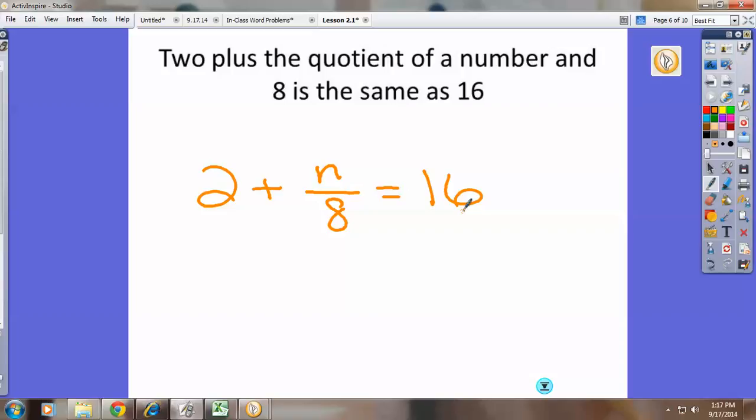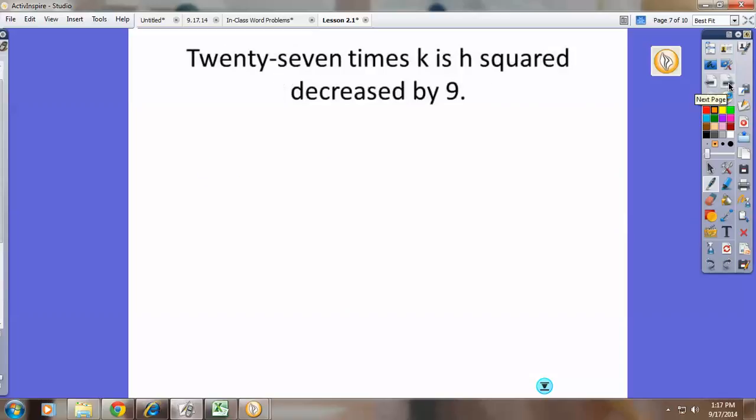Do one more with you. 27 times k is h squared decreased by 9. 27 times k. Hayden, what's that? That's multiplication. You got it. 27k means equals h squared.